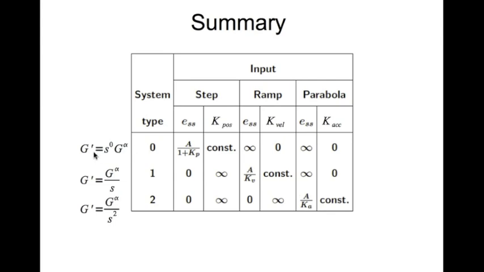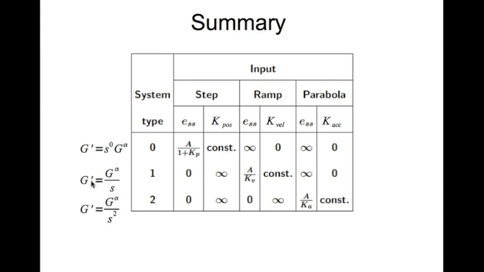Like I said before, for system of type 0, g dash equals s to the power of 0 times g alpha, so s to the power of 0 is 1, and g alpha is a rational function of s where you cannot separate out any power of s. System type 1, you can write g dash is equal to g alpha divided by s.